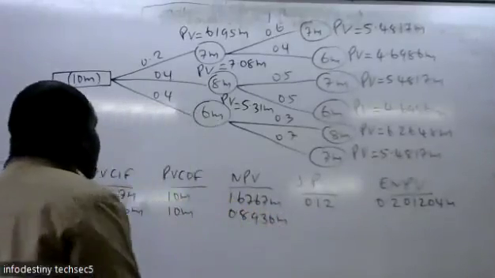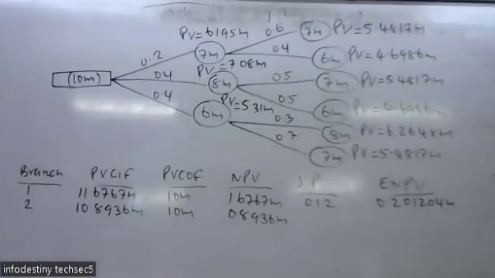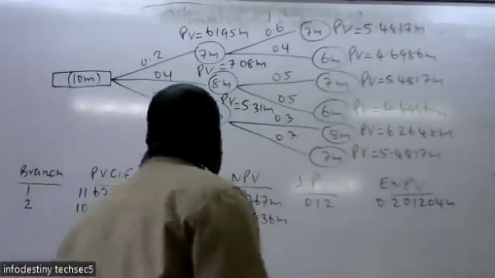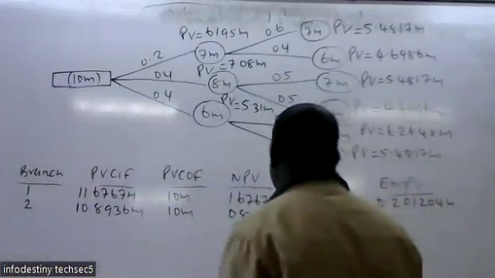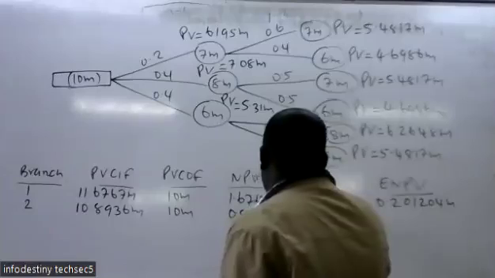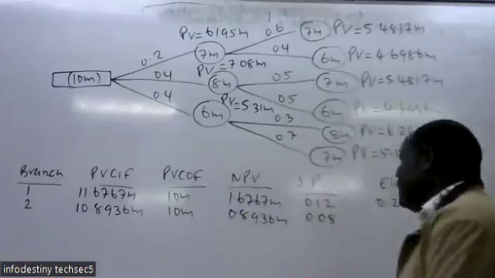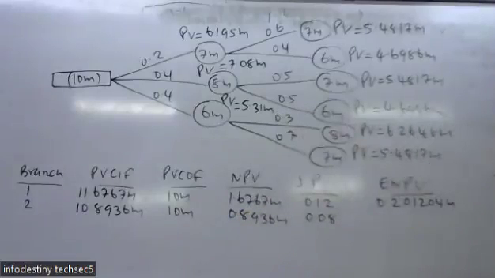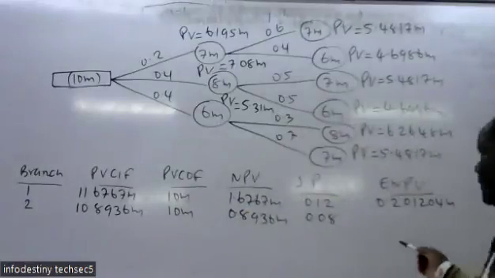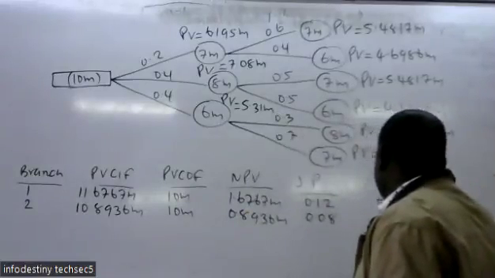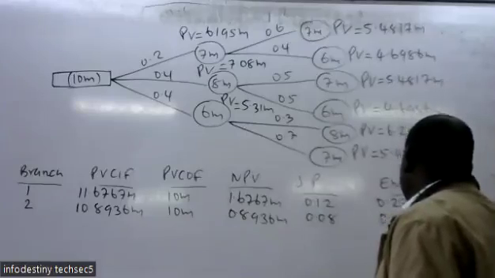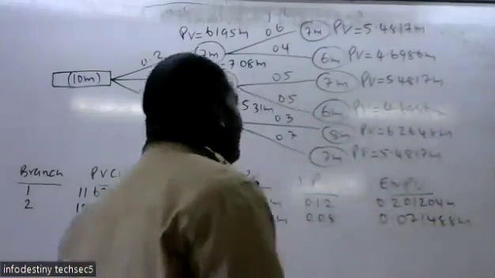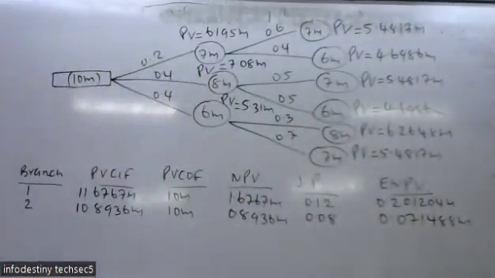Joint probability 0.2 multiplied by 0.4, which is supposed to be 0.08. So multiply that by 0.8936 millions. So 0.071488. So we go to branch 3.